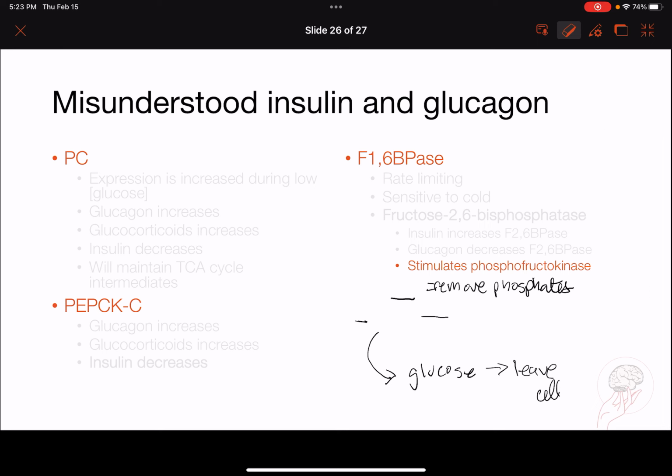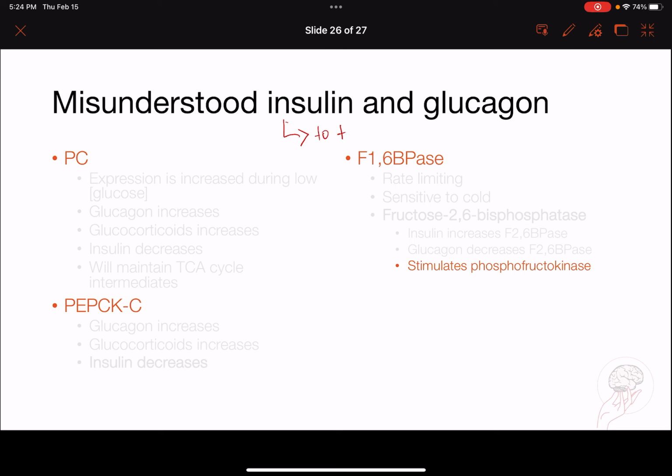We need insulin because we need insulin to turn off gluconeogenesis. In a prolonged low carbohydrate diet, we have excess gluconeogenesis.